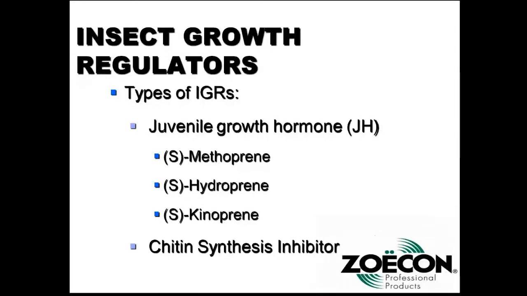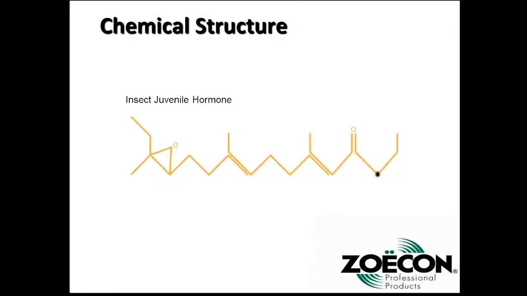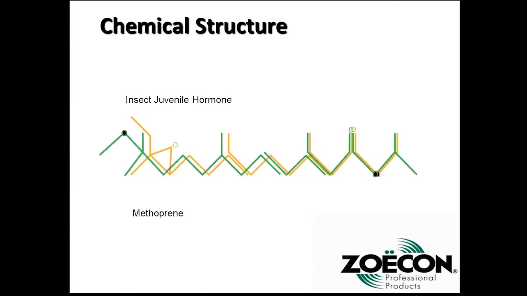Some of your other things are diflubenzuron, things that are found in like termite stations. They're robust and they hang on for a long time. The advantage of ours is that they break down pretty rapidly in the environment. The insect juvenile hormone, as it was published in 1967, we came up with the methoprene, which is an analog of it and works just as good.